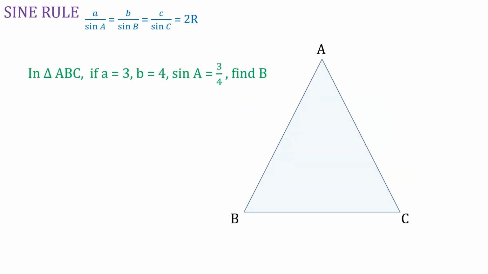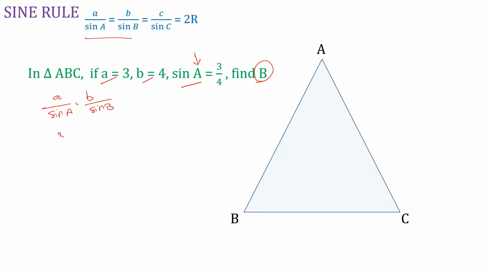Once we know the sine rule, we'll see how to use this formula. I'll consider this example. Here we have a, b, which are the sides, and sine A, which means we know the angle A here. Using that, we can find capital B, which is nothing but angle B. We'll take these two things, that is a upon sine A is equal to b upon sine B. What all are given?